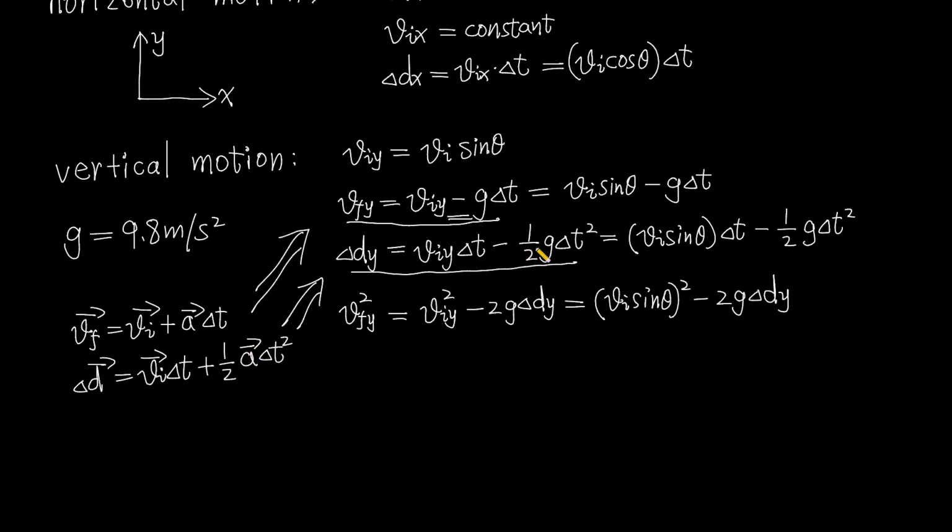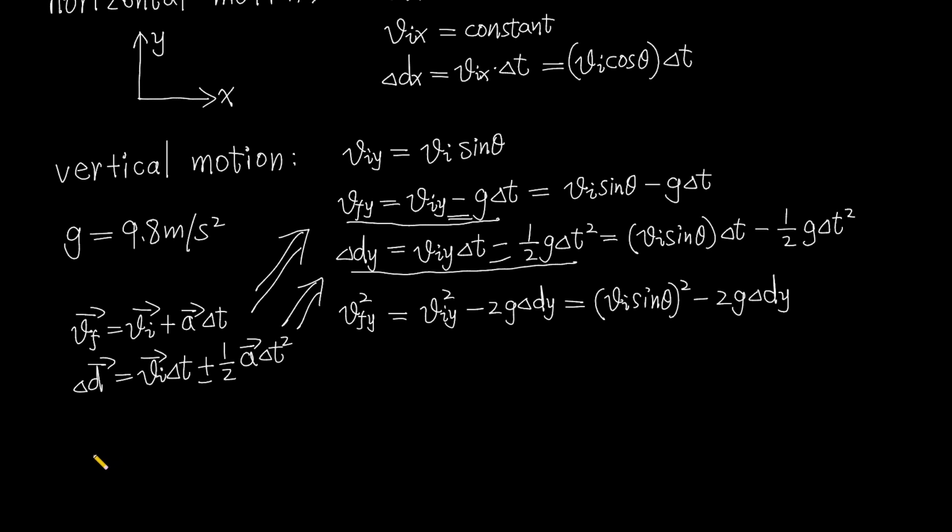Here is minus 1/2 multiplied by acceleration multiplied by delta t squared. The difference is that here is plus, here is minus. The reason is the same as the formula above. It's because the actual direction of the acceleration g is opposite to the positive direction up. So here is minus. And the actual direction of g is down.